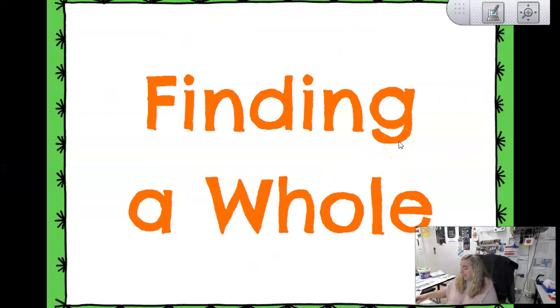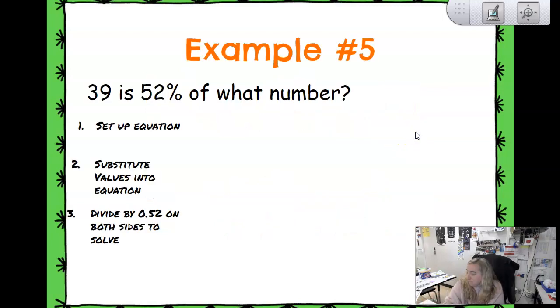All right, the last one that we need to take a look at is how do we find a whole? So let's take a look at example 5 in your packet. 39 is 52% of what number? So following the same steps, kind of like we've done in all the other examples, the very first thing is you're going to use the percent equation and set it up part equals percent times whole.